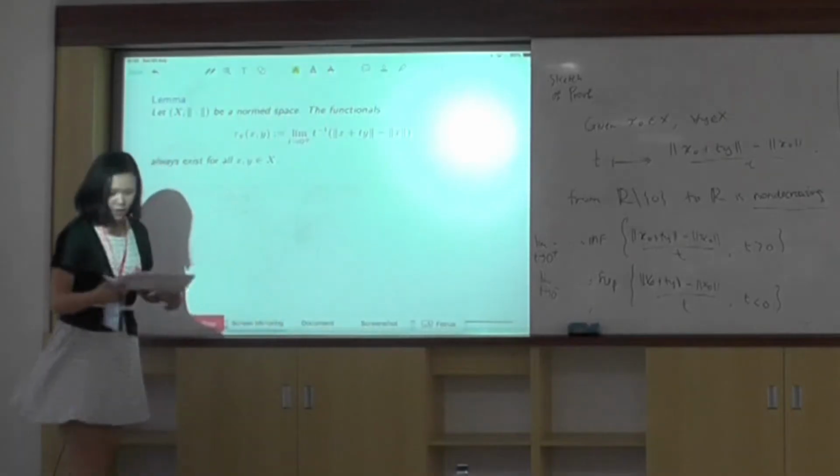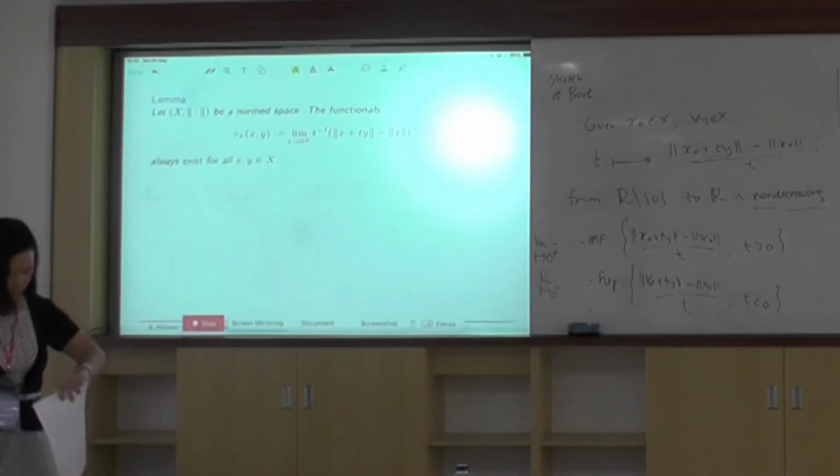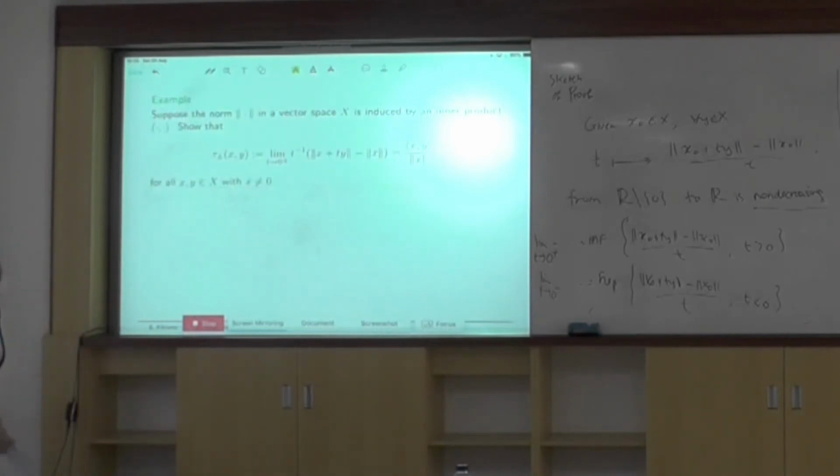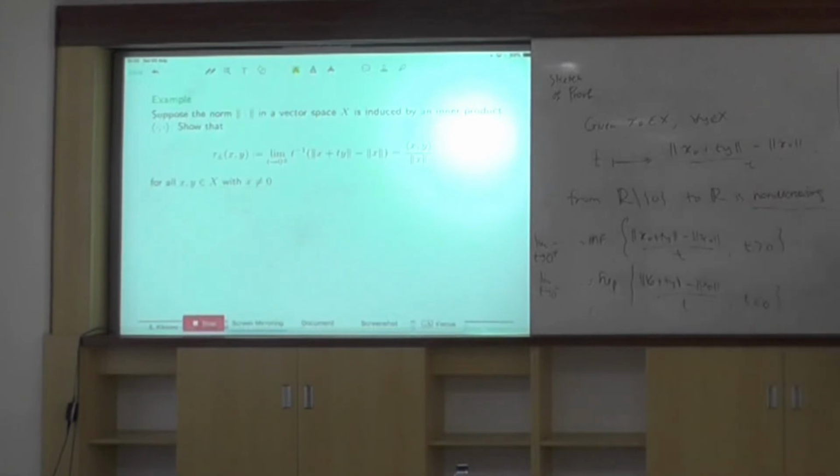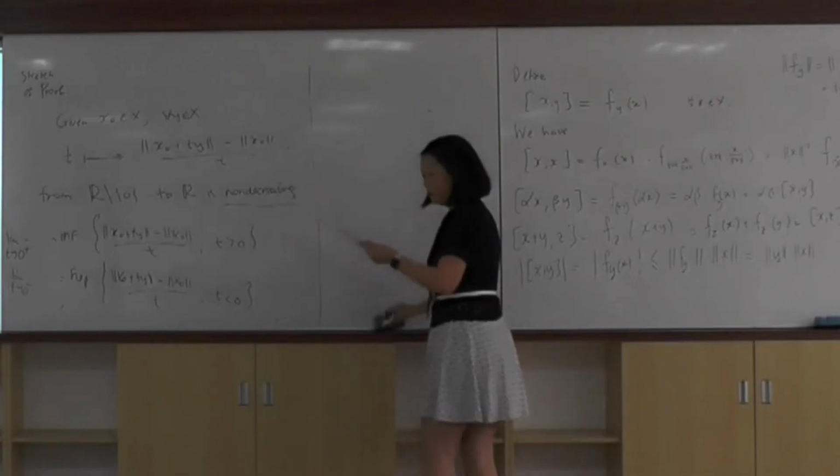And with this functional, you can play around with it, right? Just assume you start with something that you already know: inner products. Then again, it's an exercise. I'll give you a hint of how to show this.